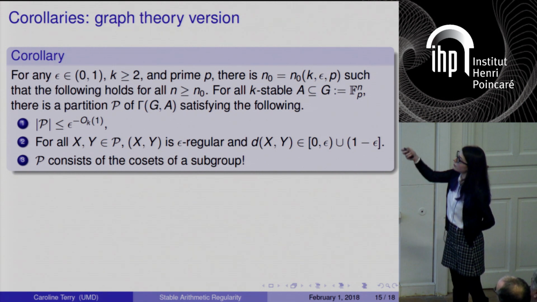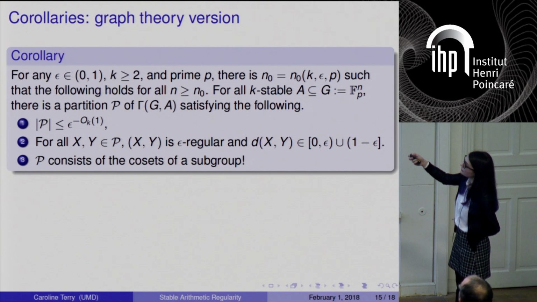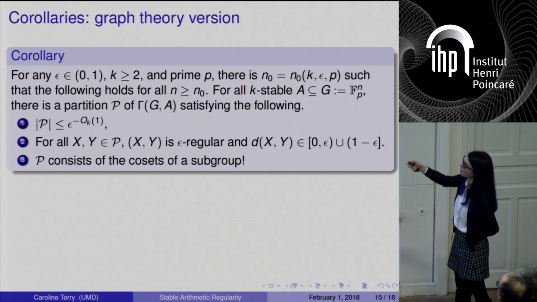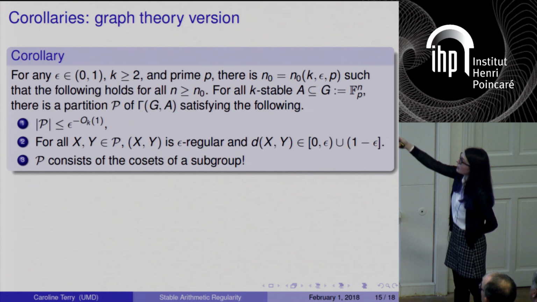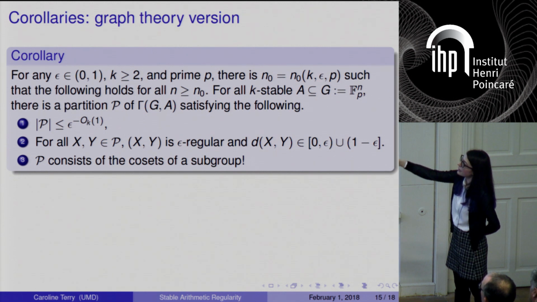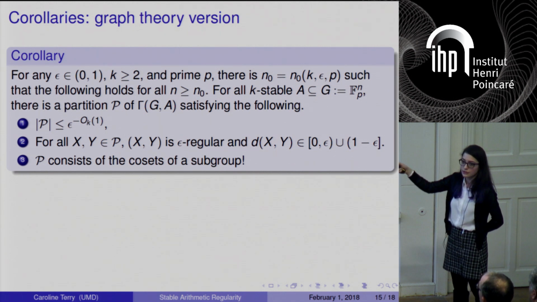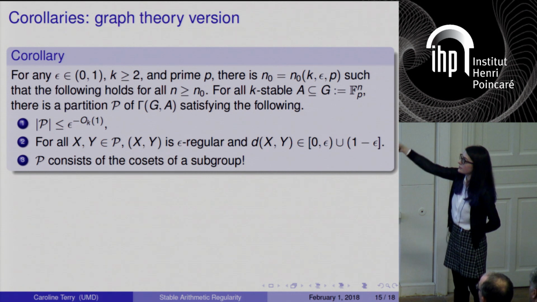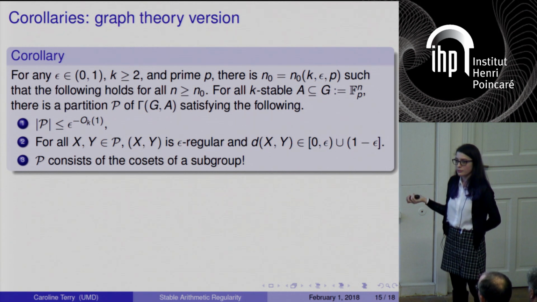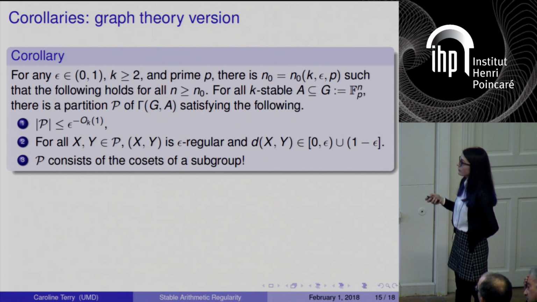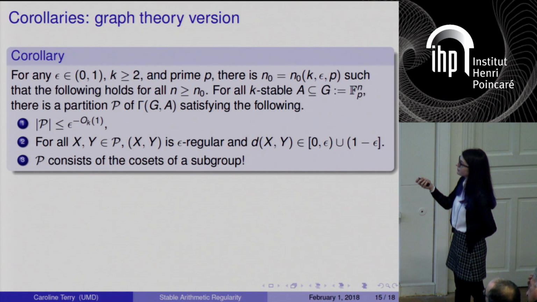So this is all looking a lot like the stable regularity lemma, or what I would get by just taking the stable regularity lemma for graphs and applying it to this particular graph, Gamma. However, I'm getting extra algebraic structure in the parts, in the sense that the parts aren't just subgraphs, they're cosets of a single subgroup. So I'm getting a group theoretic version of the stable regularity lemma.